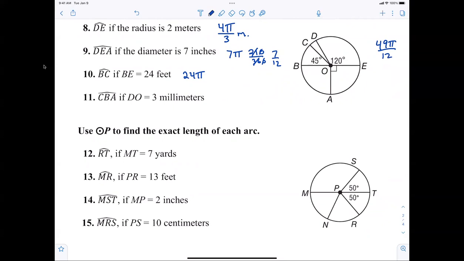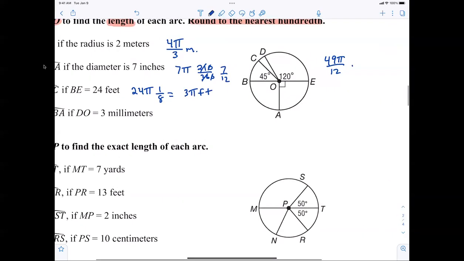Because it's half of 90, and there's 4 90s, so it'd be 1/8. So then we could just say this is 3 pi, and I forgot the units, guys. Make sure you put the units down. 3 pi feet. This one's inches. Is everybody agreeing with me on that? That's not that hard, right?